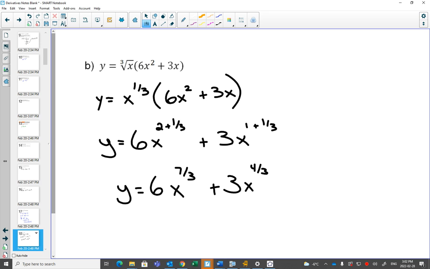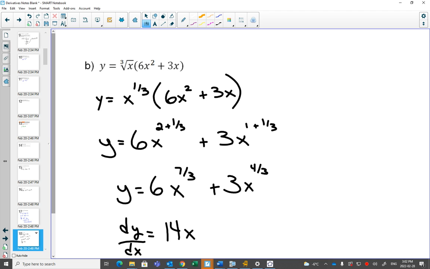And we did all of that initial work just to get it into this form. And now that it's in this form, I can find the derivative. Y prime will equal, oh, it says find dy/dx, sorry, I'll write dy/dx equals, bring the 7/3 out in front. You can write 42/3, or you can simplify it to 14.